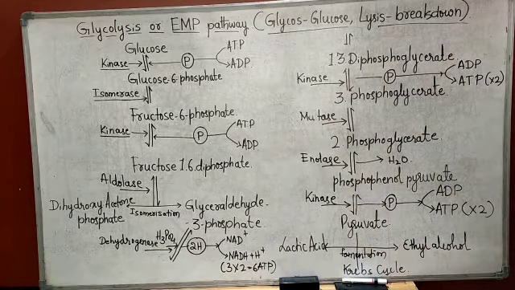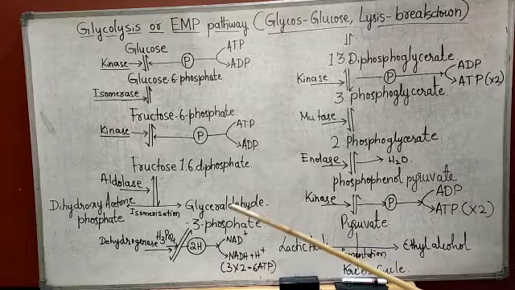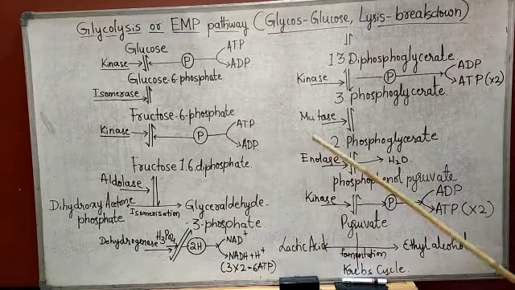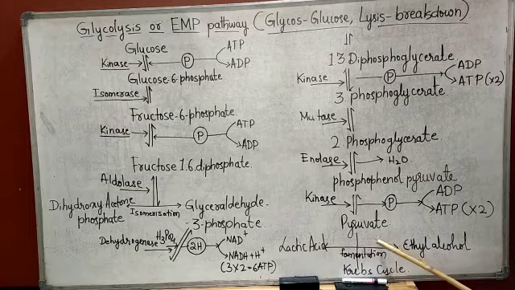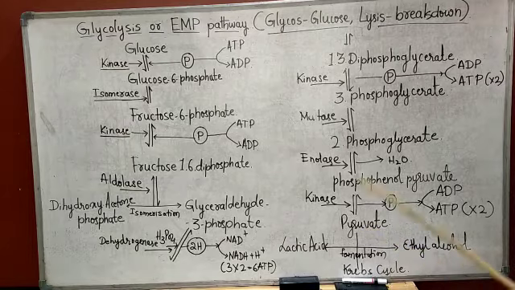In glycolysis, let us see the net gain of ATP, the high energy bonded molecule. When glucose is converted into pyruvic acid, 2 molecules of pyruvate are formed by oxidation of 1 molecule of glucose.